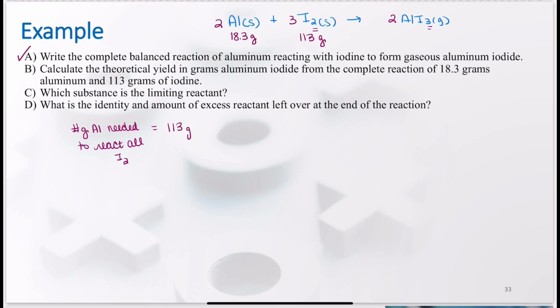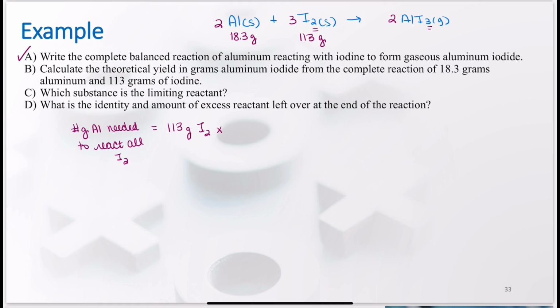I have 113 grams of I2. Again, you could have done it the other way and said how much iodine to react all the aluminum. It doesn't matter. Right now, we're just trying to figure out the limiting reactant. 113 grams of I2. I cannot compare things through grams. I can only compare through moles. So I'm going to go ahead and convert to moles. Because again, grams tell you how much you have of something by mass, yes.